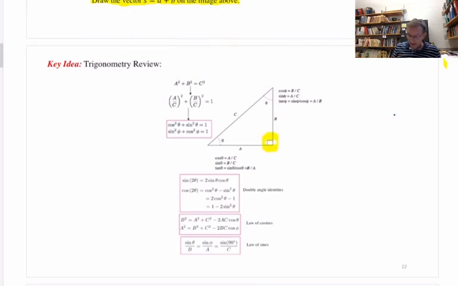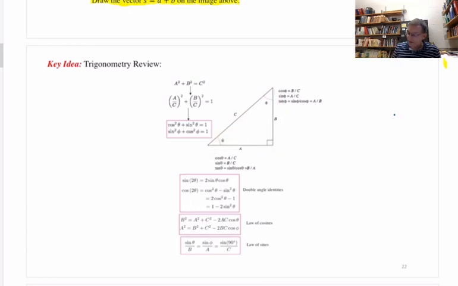And there's a leg with length A, and another leg with length B, and then the hypotenuse with length C. I've also marked the two acute angles, angles less than 90 degrees in the right triangle. I've labeled them theta and phi.